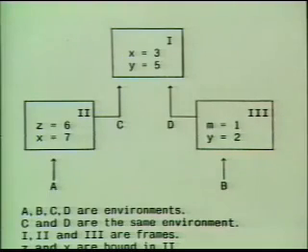It's a place where everything accumulates, where the names of the variables are associated with the values they have, such that when you want to say what does this name mean, you look it up in an environment. So an environment is a function, or a table, or something like that. But it's a structured sort of table. It's made out of things called frames.